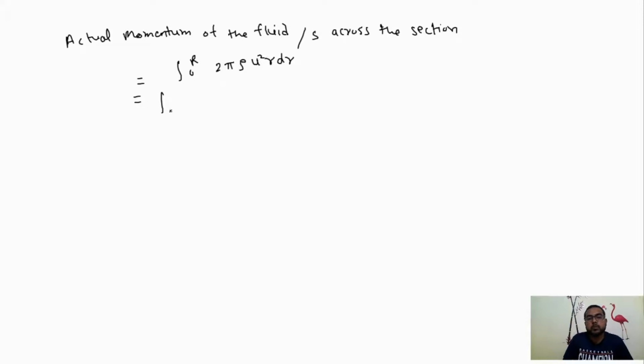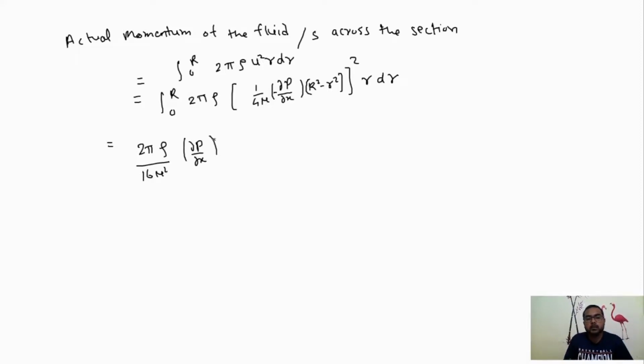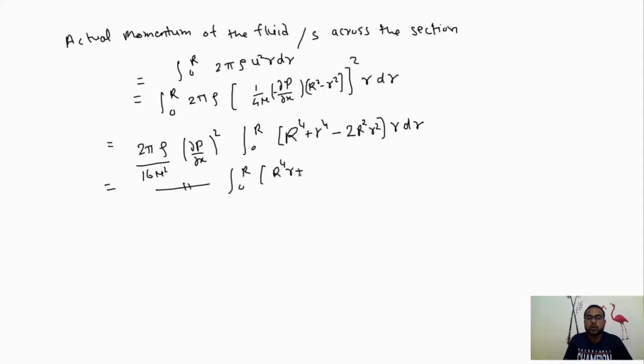Put the value of u, which is one by four mu, minus del p upon del x, into R square minus r square, times r dr. Take all the constants out of the integration: 2 pi rho divided by 16 mu square, del p upon del x whole square, and R to the power 4 plus r to the power 4 minus 2 R square r square, into r dr. Integrate from 0 to R, and we will get the answer.